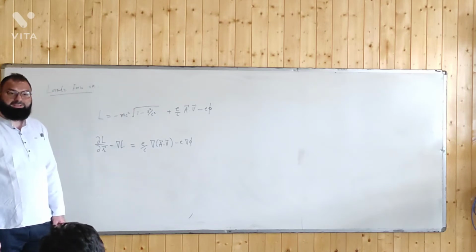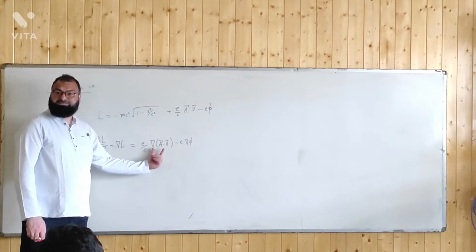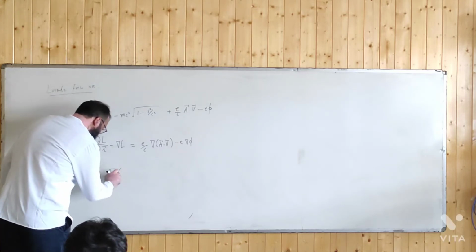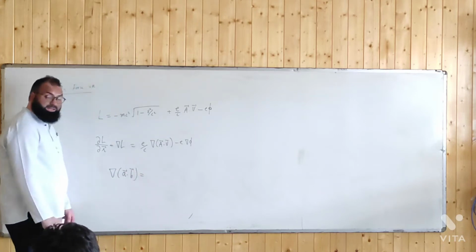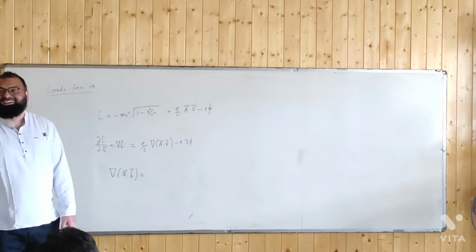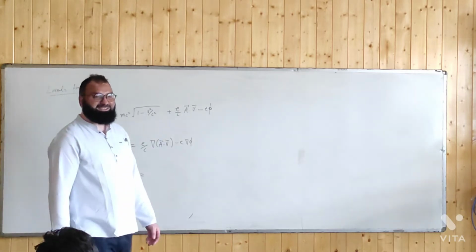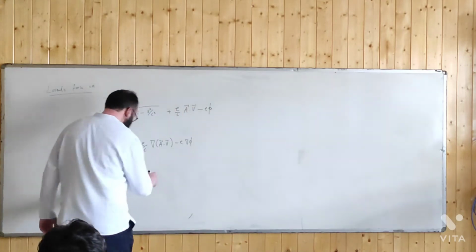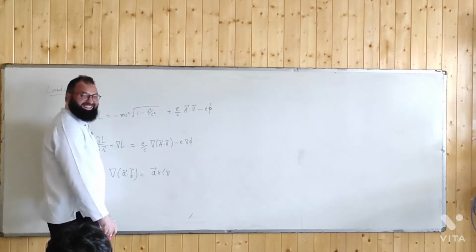So what I need to calculate is the gradient of A dot V. We need to calculate it. There is an identity, this kind of identity, I asked you to do it. Has anybody done it? You have done it? What is the formula?